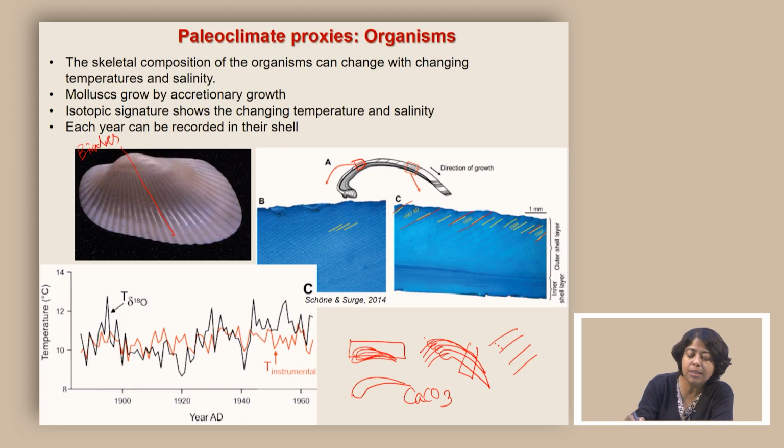So, using these isotopic signatures of the bivalves, Schoen and Sarge have reconstructed this pattern of temperature. They measured all these isotopes, and using the ratio and its relationship with temperature, they reconstructed it.